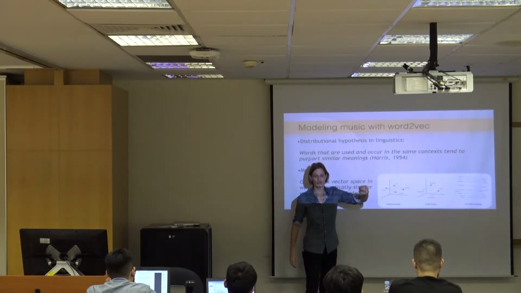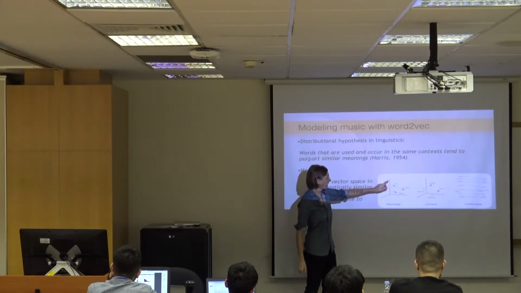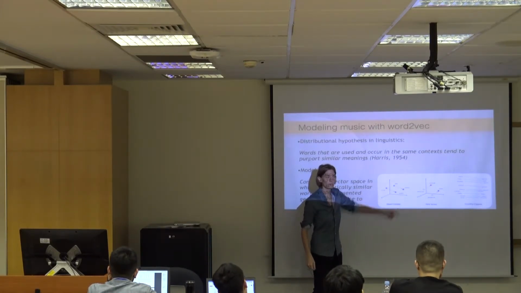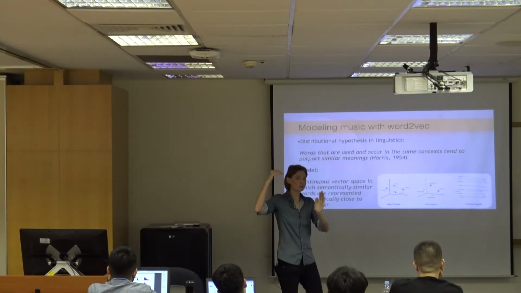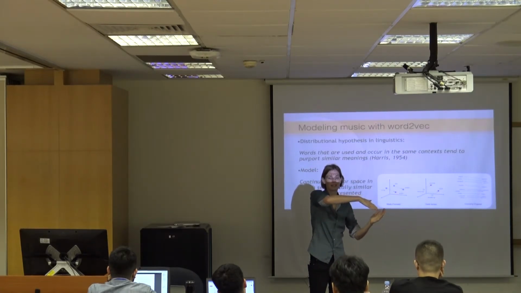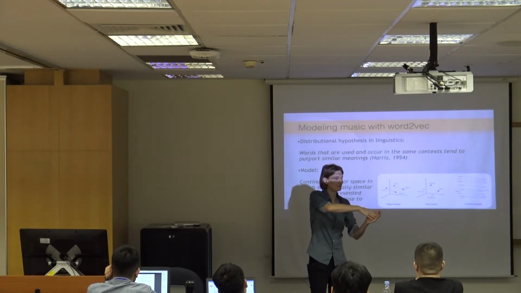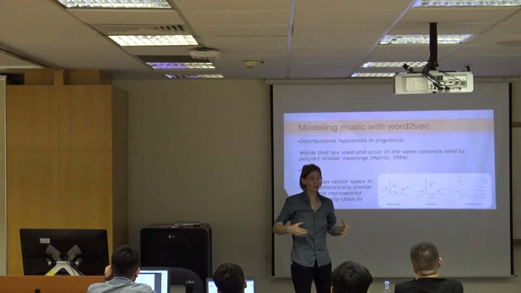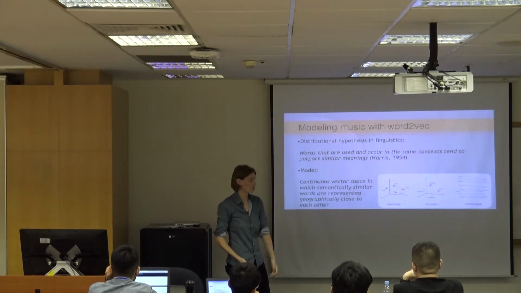If you'd have a space based on normal words, so not music, and you have man, woman, king, and queen, if you translate from man to woman, the exact same vector translation, if you start that from king, it'll end up in queen. So that's pretty cool. So this means that this is really a useful representation.